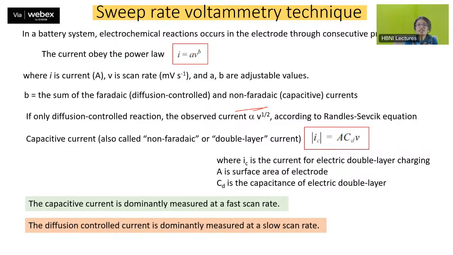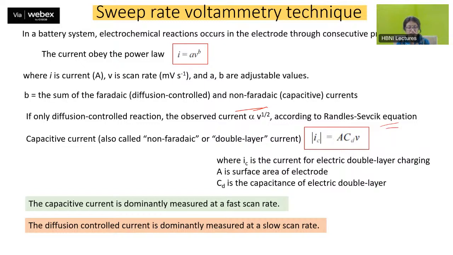So if it is only a diffusion controlled reaction, then the observed current is going to be proportional to the scan rate to the power of half, and this is according to the Randles-Sevcik equation. The capacitive current, on the other hand, which is also known as the non-Faradaic or double layer current, is going to be directly proportional to your scan rate. So you have to join back all these things.